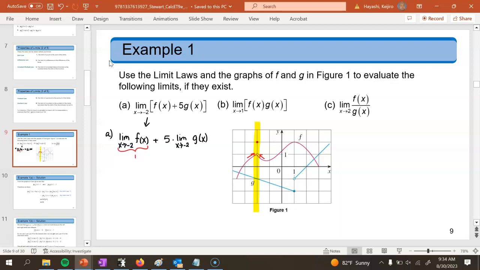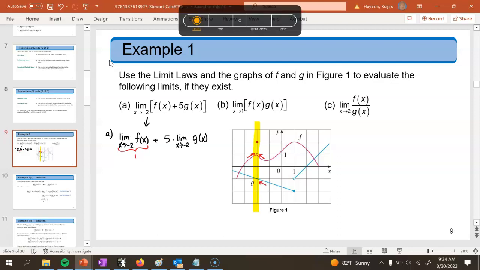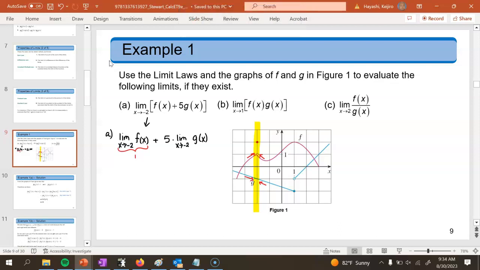And what about g? What value does it approach as x moves towards -2? Yeah, there's no hole here or anything. And coincidentally, it does end up also having a function value of -1, but that's also the limit, because it's a nice continuous function.